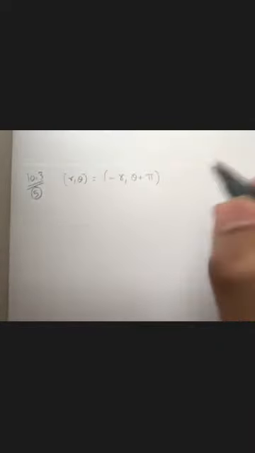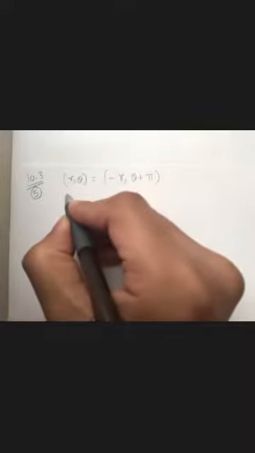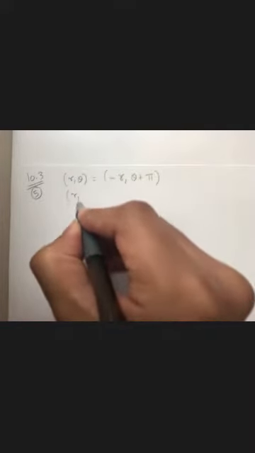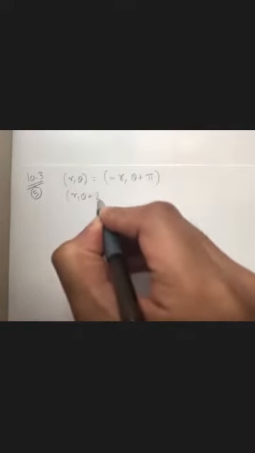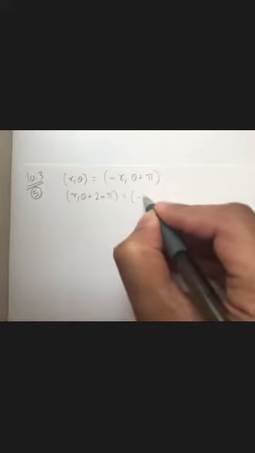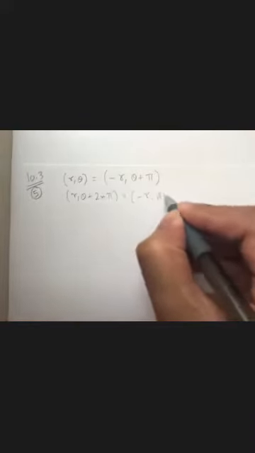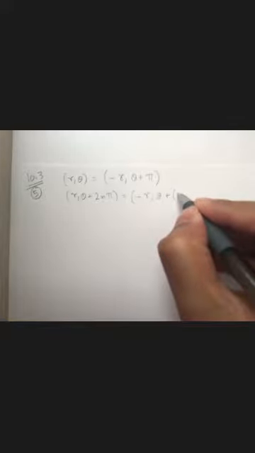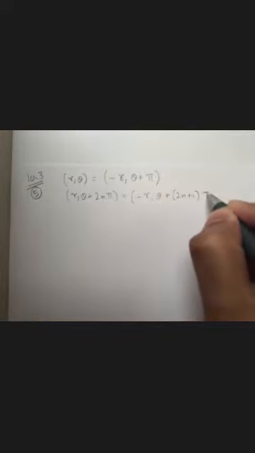And then, because the cycle repeats after 2 pi, you can relate it as, so if I add 2 n pi to both, this is what we get.